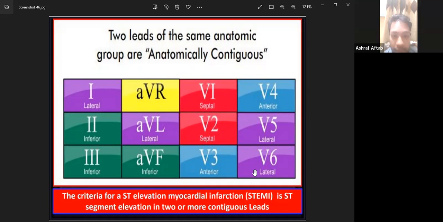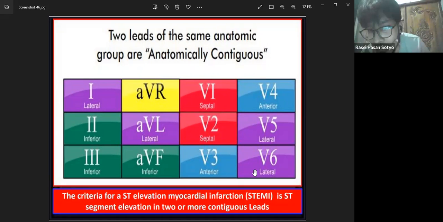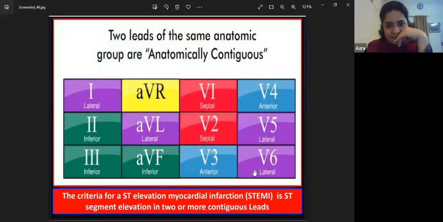Ma'am, the question is when we say it is lateral MI, when ST is elevated in aVL, then we call it high lateral MI. Exactly.